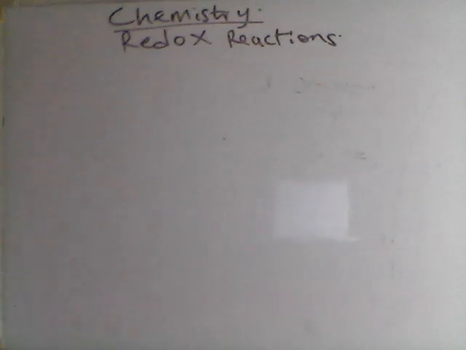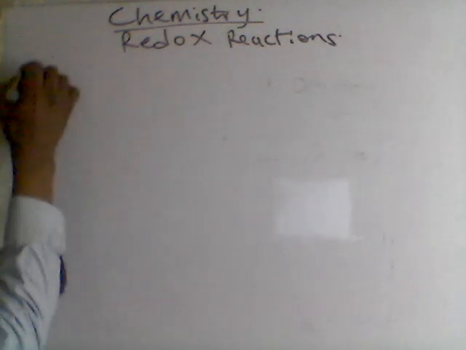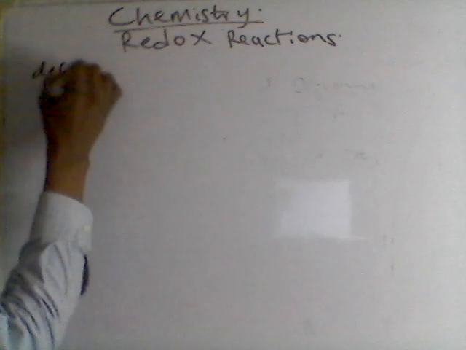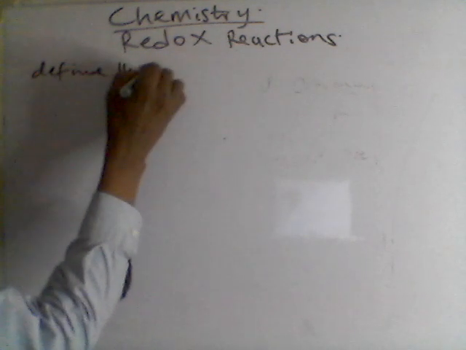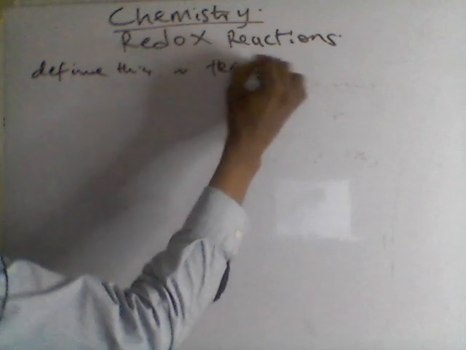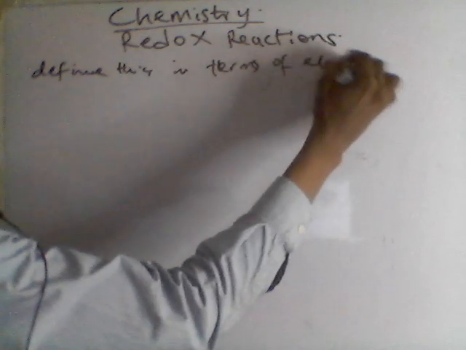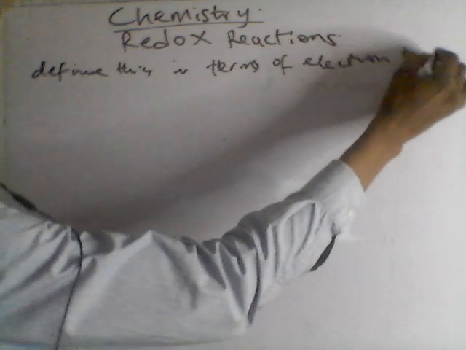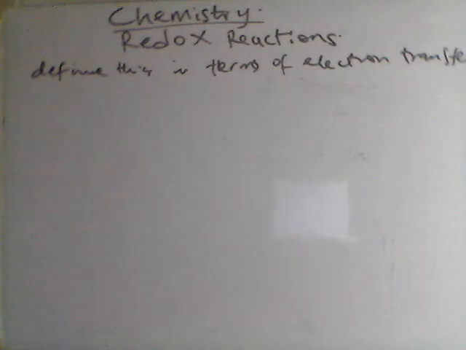Okay, so there's also a modern way of defining oxidation and reduction. We can define this in terms of electron transfer, that is either there's a loss or there's a gain.